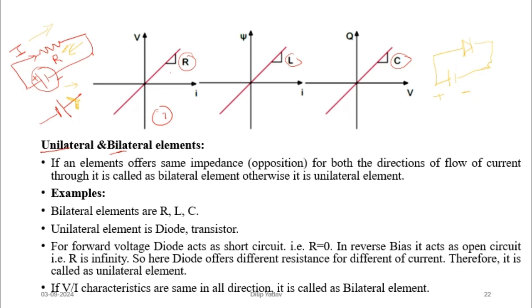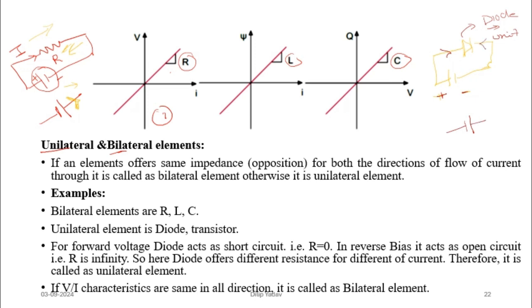Now what will happen? We said this is positive and this is negative, the current is going to flow. And we know that the diode is unilateral. Why unilateral? Because if I interchange the position, for example, now it will be converted like this.